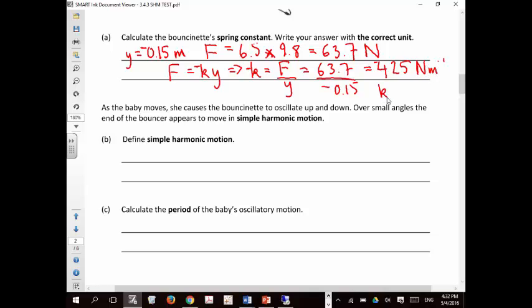So remember that was negative K, so K is equal to 425 newtons per meter. If you didn't do this negative thing and you ended up at 425 newtons per meter, that's fine. If you used 10, I also didn't mark you down. But that's the process. The most common reason for people losing marks was not converting this to meters.